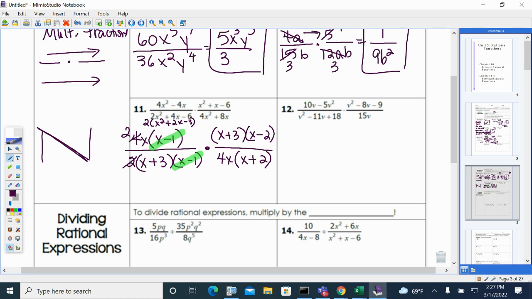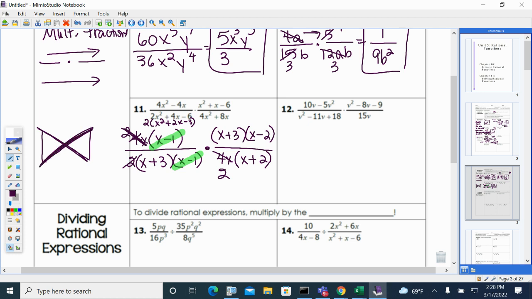So I have a 2x still left in the top left that will reduce with the 4x in the bottom right. So they both have a 2 and an x in common. So this is going to go away. And 4x divided by 2x is 2. And now we want to go the other direction.